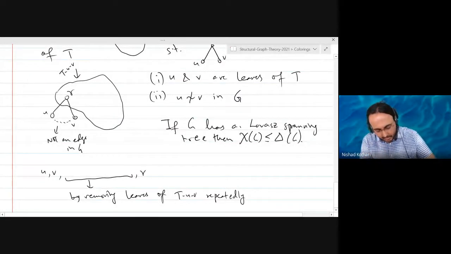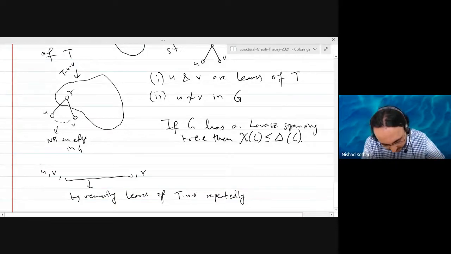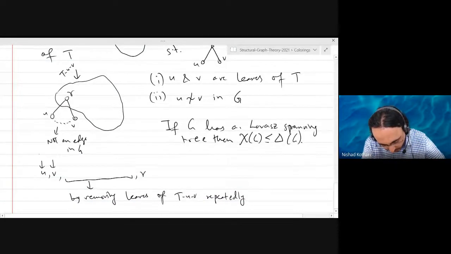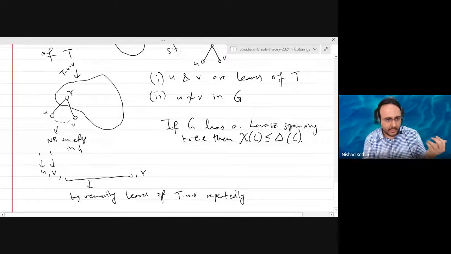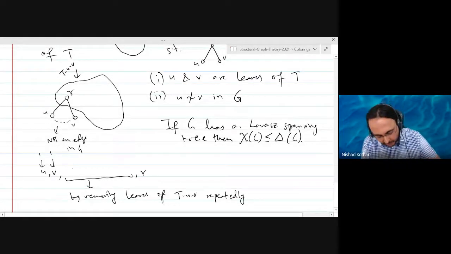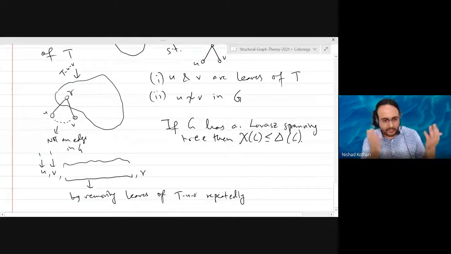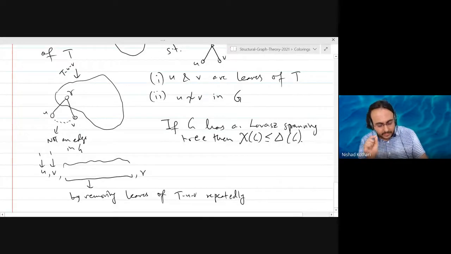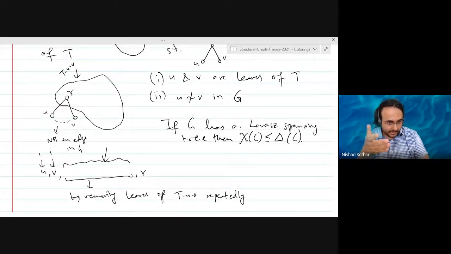Because when you do this, you will get the same color for U and V. That will be color one. Both U and V will get color one. And then you will use whatever colors you like for the rest. The point is for each of these vertices, there will always be a neighbor that is not colored, because it will be in the spanning tree T minus U minus V, since you're always removing leaves. So you will never need the delta plus 1 color.